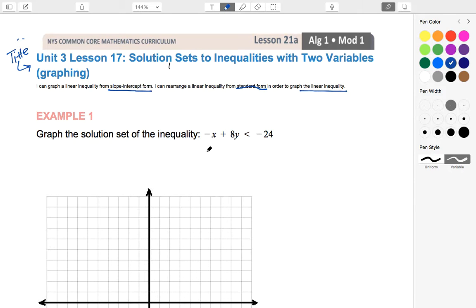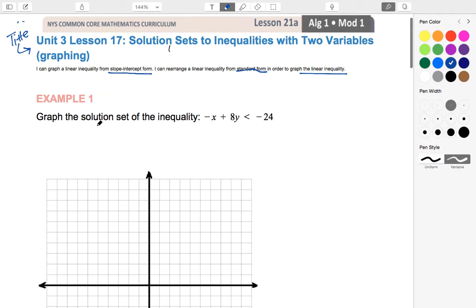Okay, so here we go. We have example 1. It says, graph the solution set of the inequality negative x plus 8y is less than negative 24. So what we've done before is remembering that this is less than, and then we have greater than, and the way we showed this on a line is through an open circle.